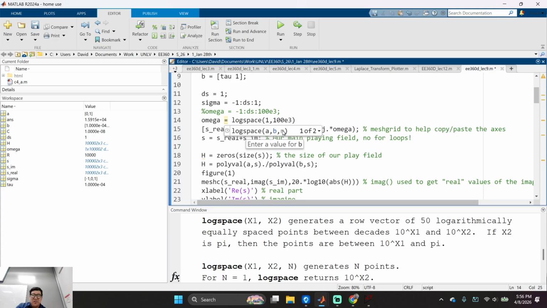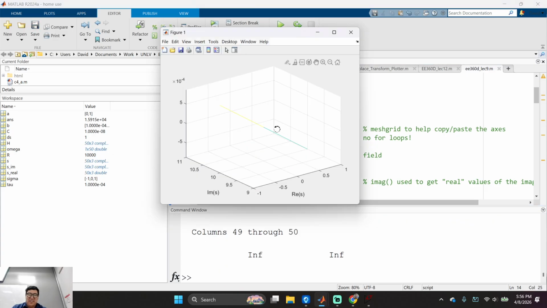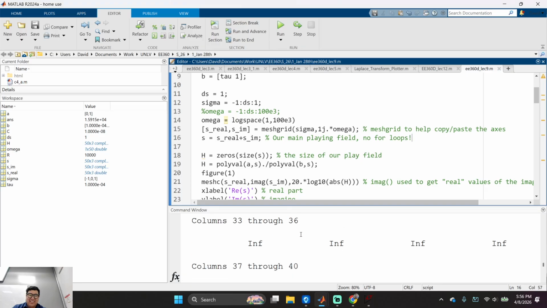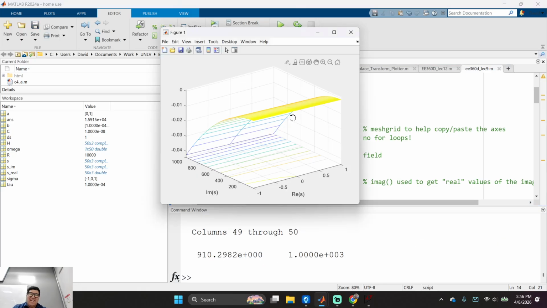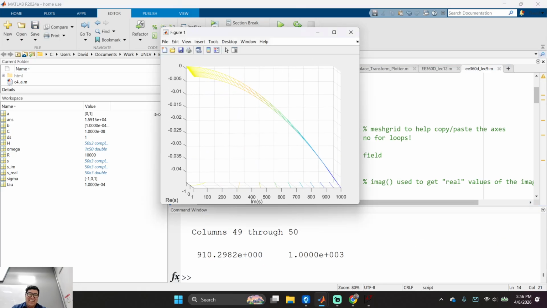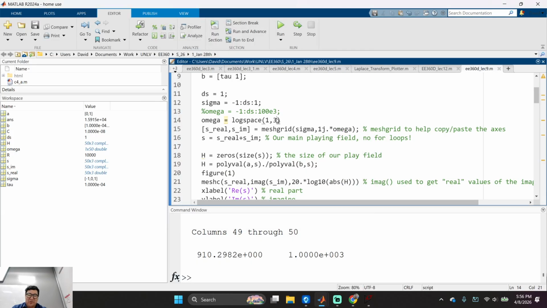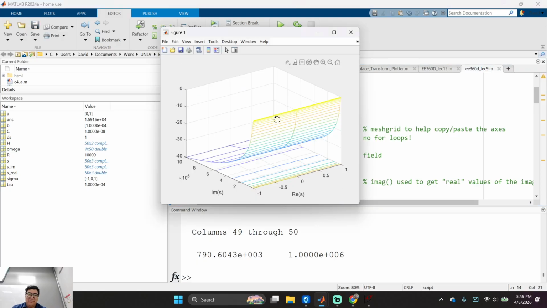I don't know if this is going to work. Oh, yeah, I don't think it worked. E3. Oh wait, no, oops. There we go. Hey, is that a Bode plot? Is that better? Let me do 4, 6. There we go.